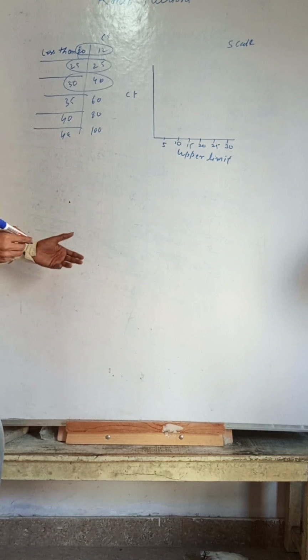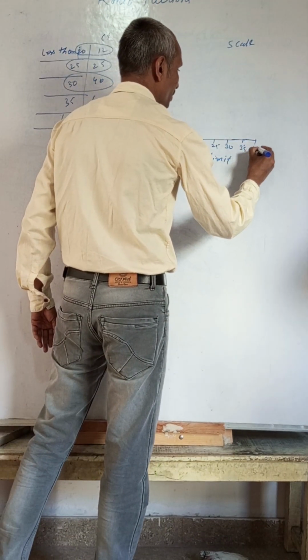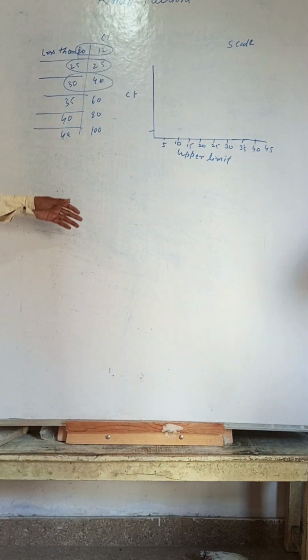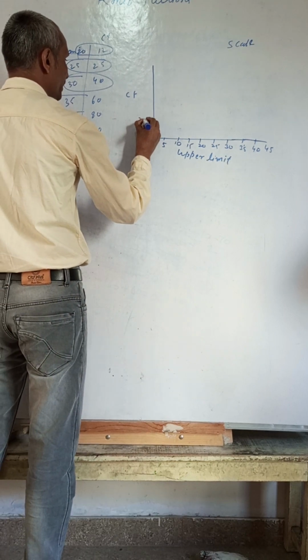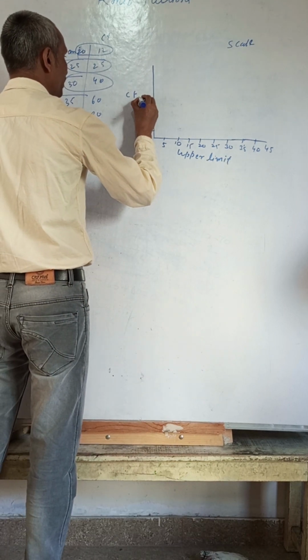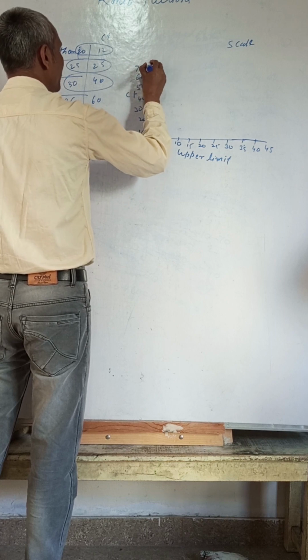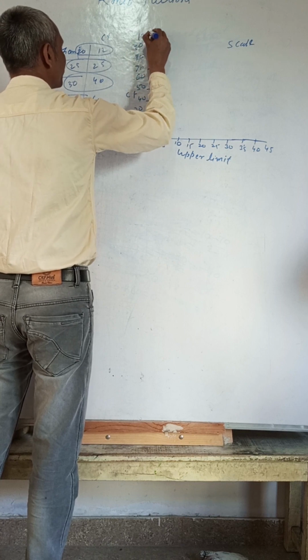Otherwise you can write 10, 10 also, but 5, 5 is better, up to 35, 40, 45. On the other side you can take 10, 10: 10, 20, 30, 40, 50, 60, 70, 80, 90 and 100.